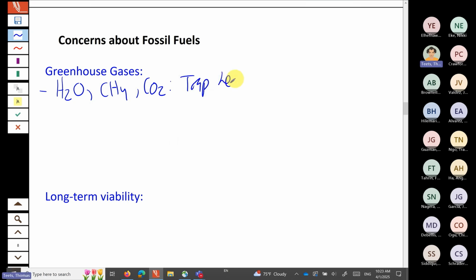So these are gases that would trap heat, and then there's concerns about the extent to which they might keep the Earth's surface warm and whether that has damaging impacts on the climate. There's, of course, a lot of debate about that. This is not a climate science course, but that's one of the major concerns raised about them.